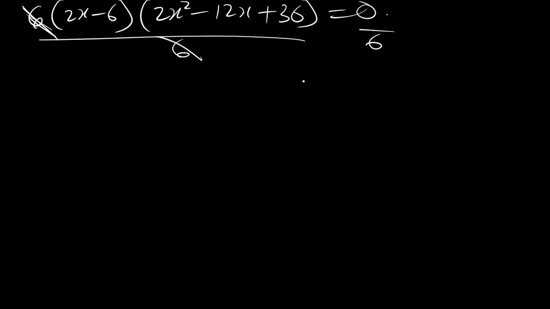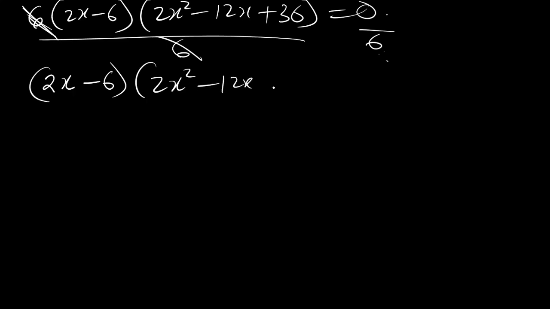This 6 will cancel itself. 0 divided by 6 is 0, so you have 2x minus 6 into 2x squared minus 12x plus 36 equal to 0.